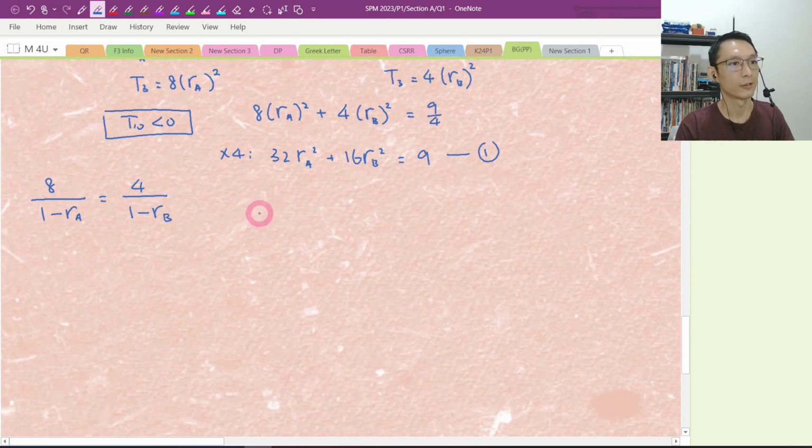Now, to find the common ratio for both GPs, I'm going to rearrange this to form another equation.